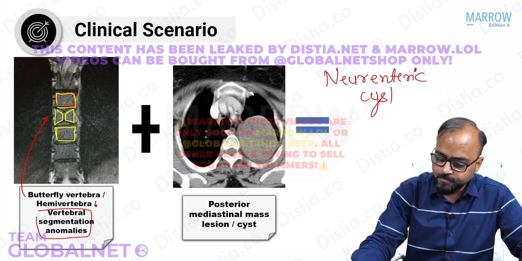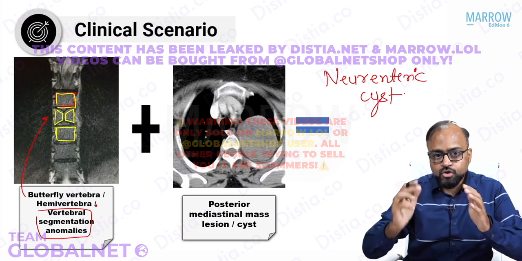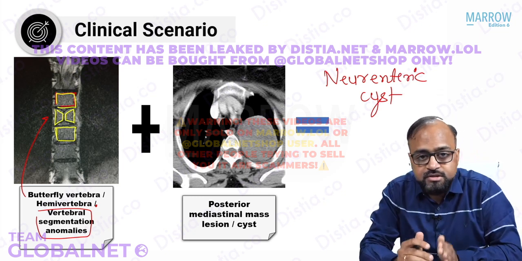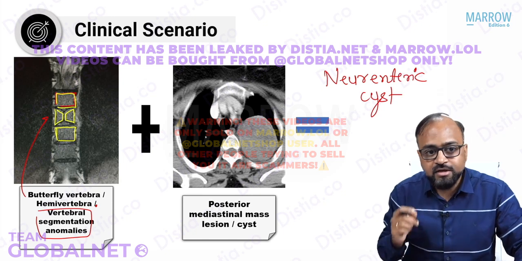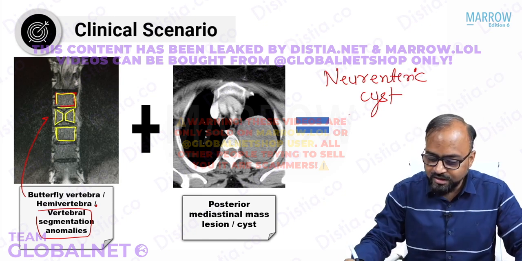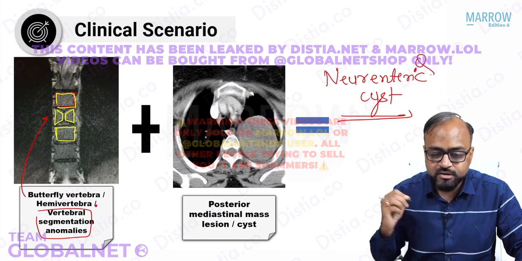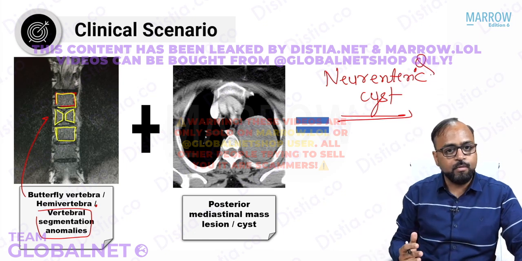So remember, this combination of a posterior mediastinal cyst or lesion along with vertebral segmentation anomalies clinches a specific diagnosis, and that diagnosis is neurenteric cyst. Remember, this is a very typical combination.